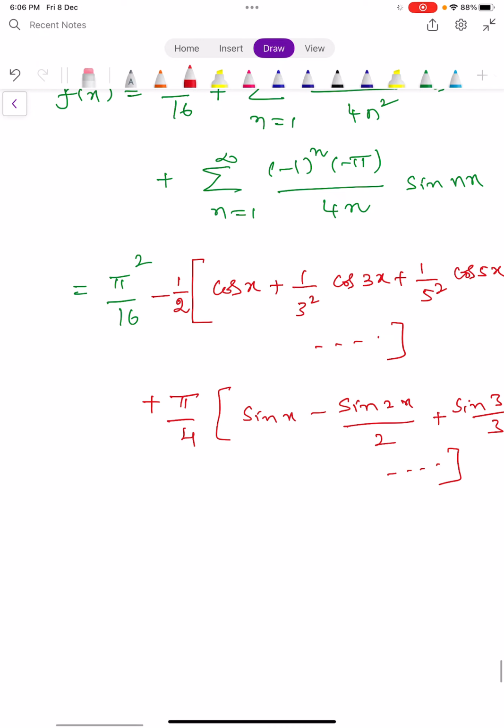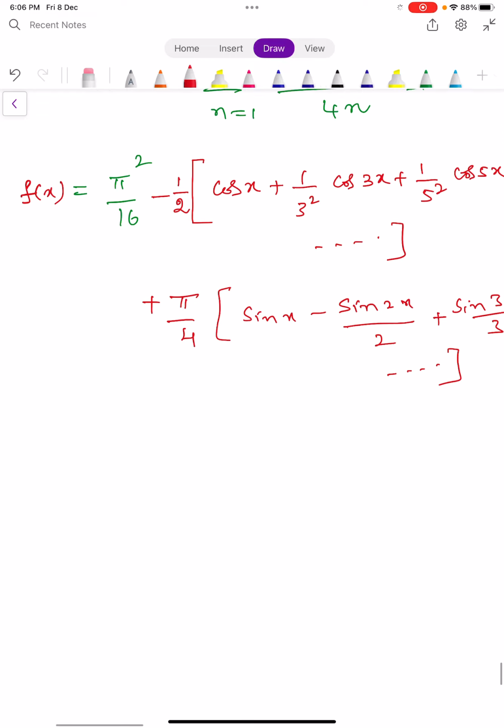On the left side we have f of x, which is something in the different intervals, minus pi less than x less than 0 and so on.